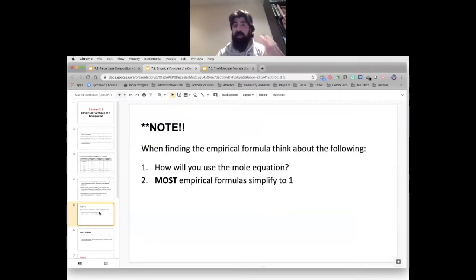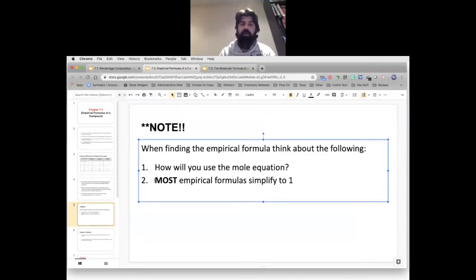So things to keep in mind: how to use the mole equation, and lastly, and this is just as important as the first one, most, but not all, empirical formulas will simplify to one. At least one of them, if not both or all three, will simplify to a subscript of one.